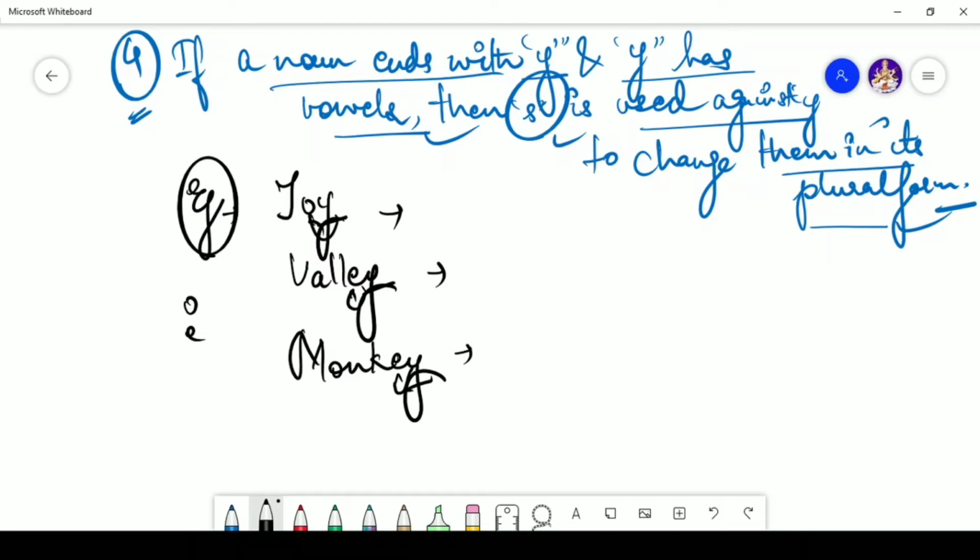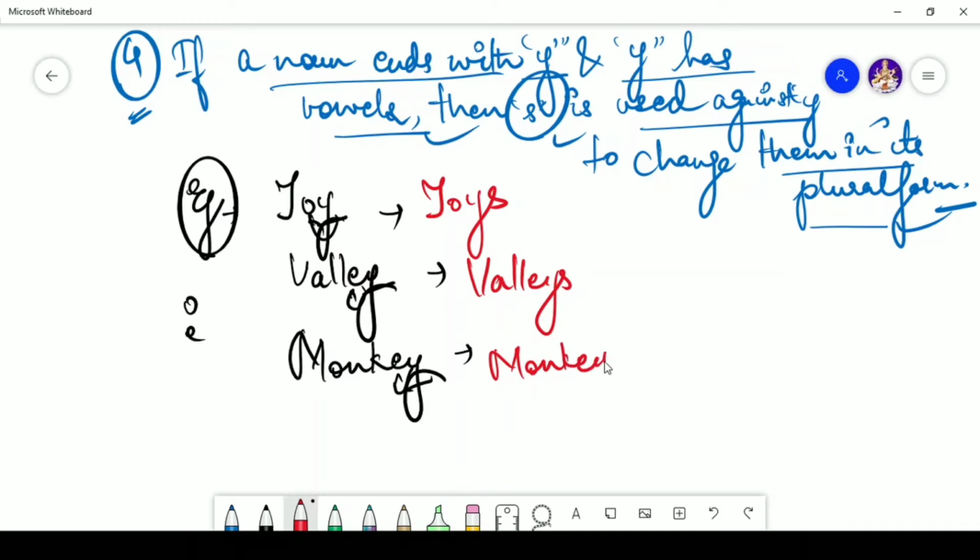So in this case, how are you going to change them into their plural form? You are just going to use S at the end of them. It will be toys, it will be valleys, it will be monkeys.